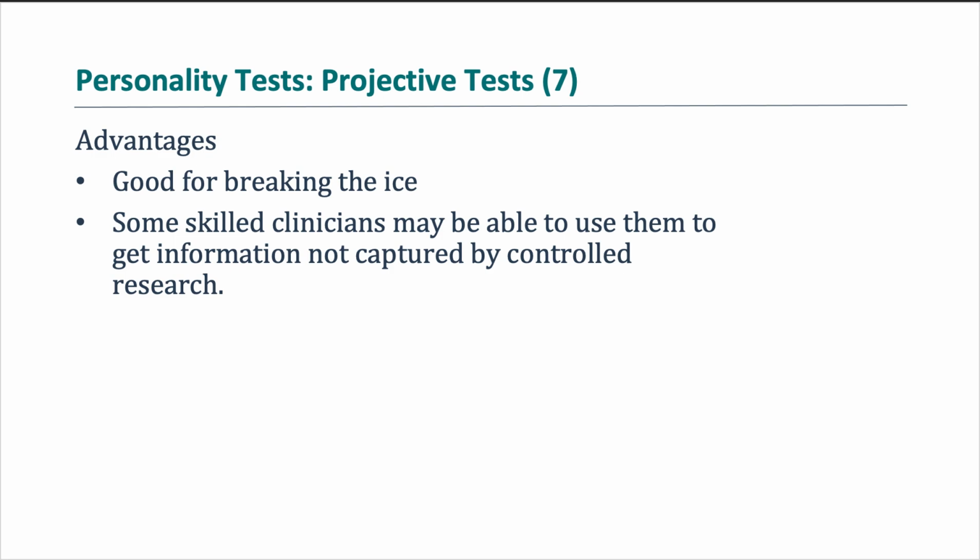Also, some skilled clinicians actually can use this in some ways to say, in my opinion, people who answer this way have a tendency towards this, and it might give them a good hypothesis moving forward. So there are some advantages.